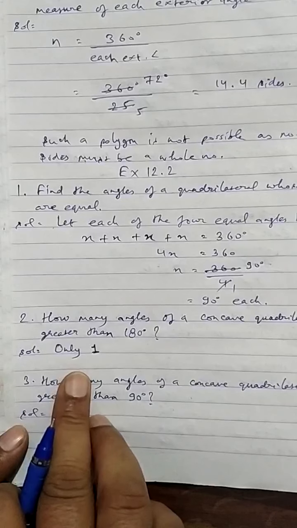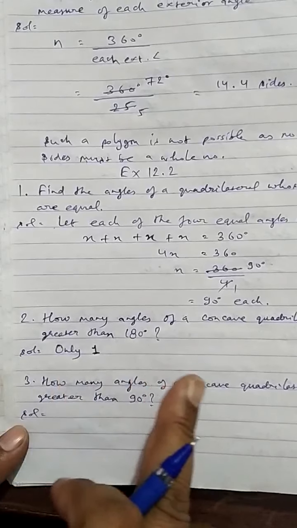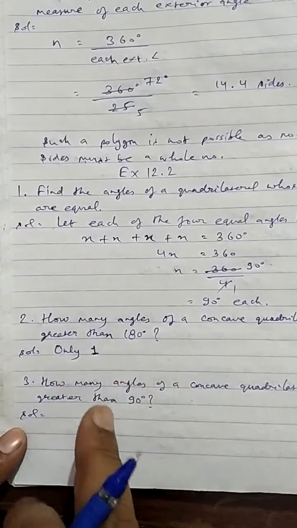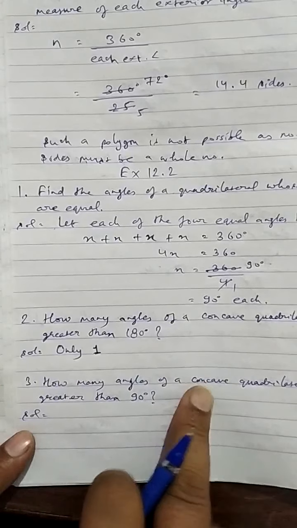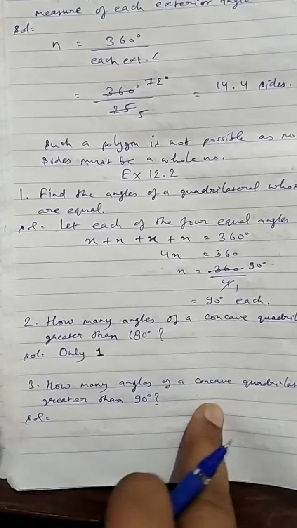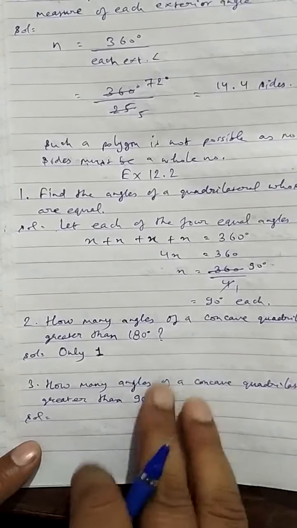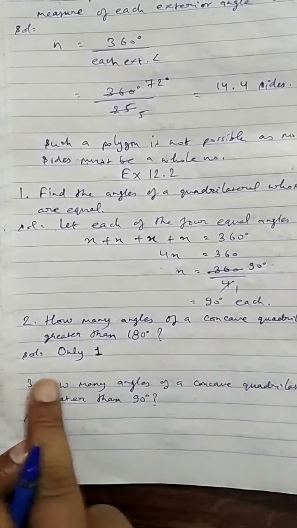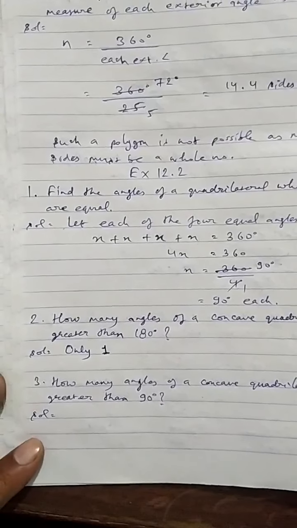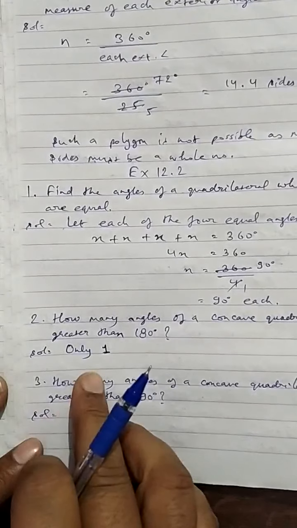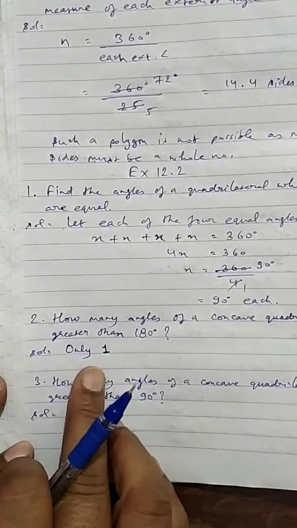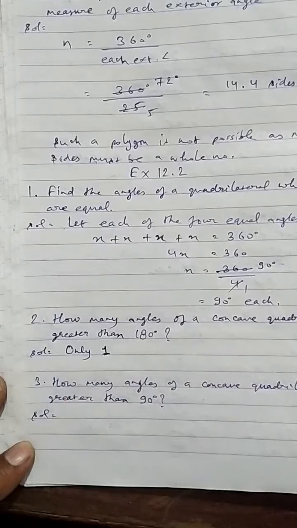Suppose you are taking the first angle as 40 degrees and 60 and 70, then the fourth angle must be 190 degrees, that will be a reflex angle, and that is greater than 180 degrees. So only one angle is possible, that is reflex, in a concave quadrilateral.